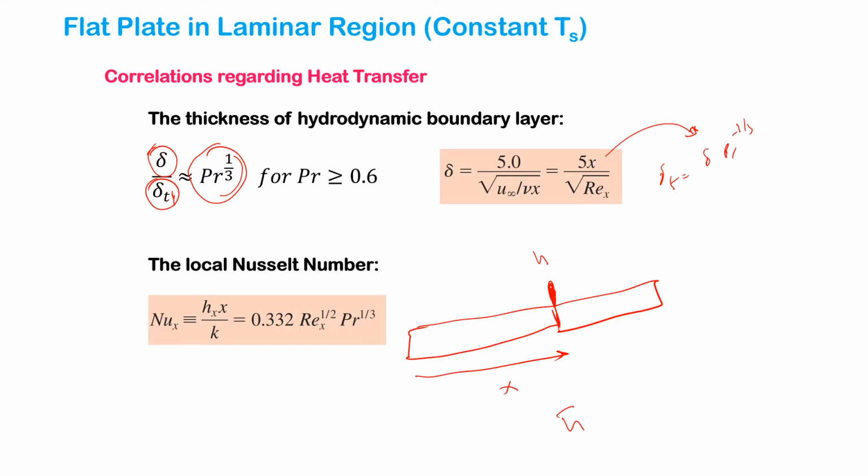It is a function of Reynolds number for this range and Prandtl number. Again, we already talked about the definitions of these dimensionless numbers earlier. So you know x, you know the fluid thermal conductivity, and then you can simply calculate h_x from this empirical equation.